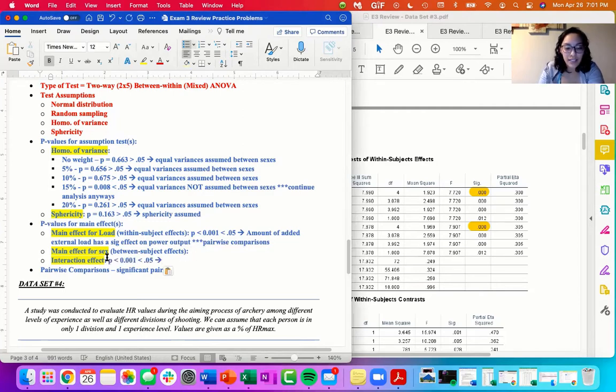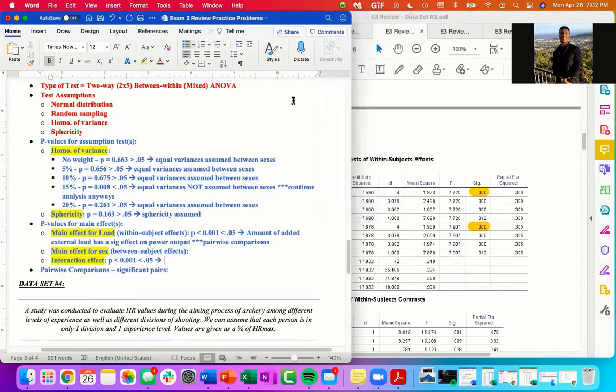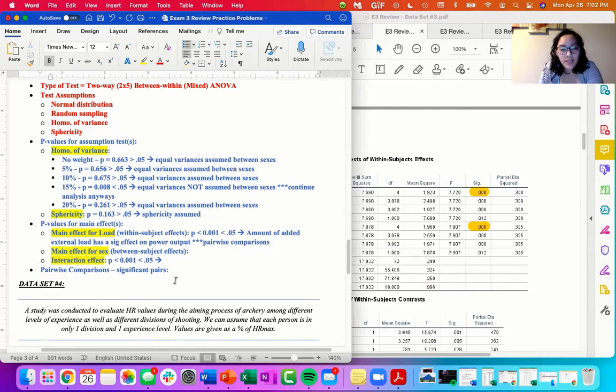So if we have a significant p-value, how would we word this in terms of the interaction effect? Again, there's a significant difference between the sex and load when it comes to the dependent variable. Something like that. You're on the right track. I would just modify the wording a little bit because we're not comparing sex to load.